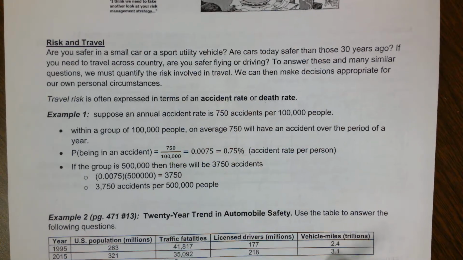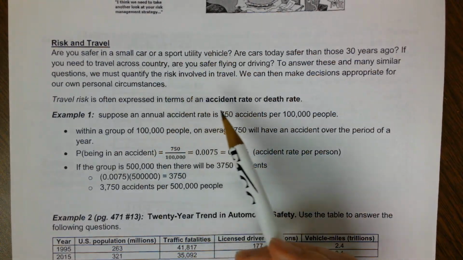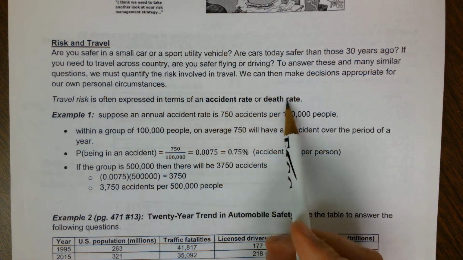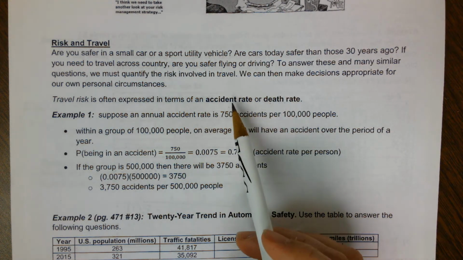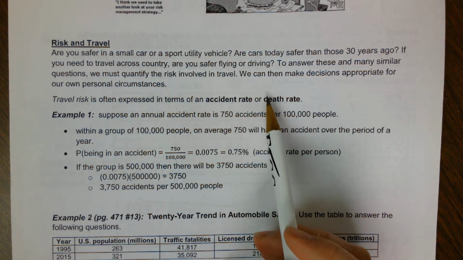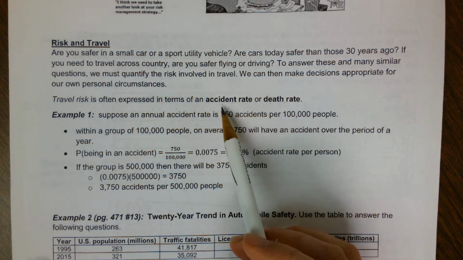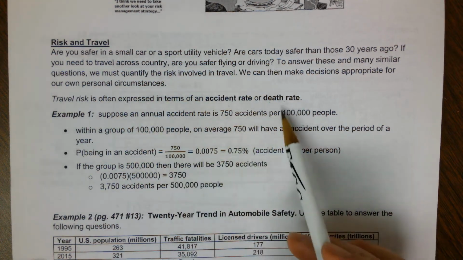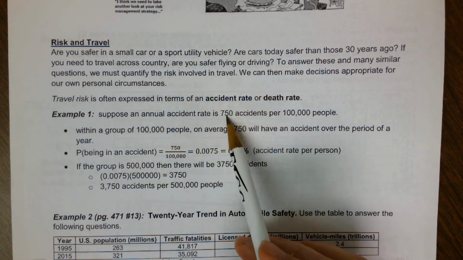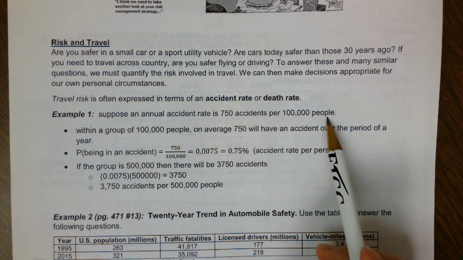For example, if we're looking at travel risk, we talk about it in accident rate or death rate. This would be the number of deaths per person, or the number of accidents per a certain number of people. Say for example we have 750 accidents per 100,000 people.